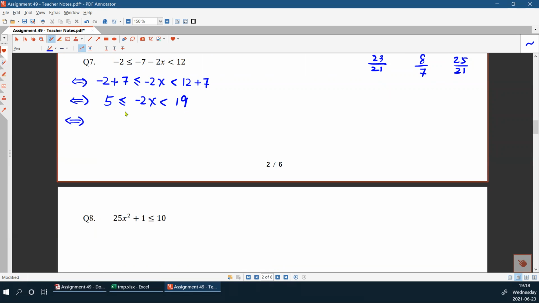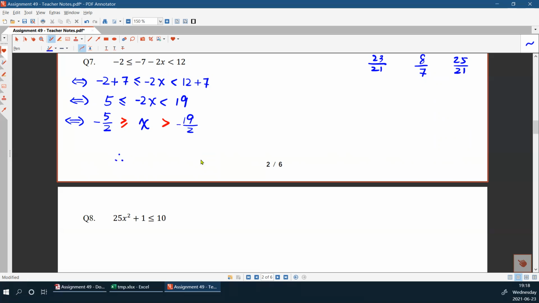And then we can divide both sides by minus 2. Note that minus 2 is negative, so we need to change the direction of the inequality symbol, right? So this one is minus 5/2 greater than or equal to x greater than minus 19/2, right?